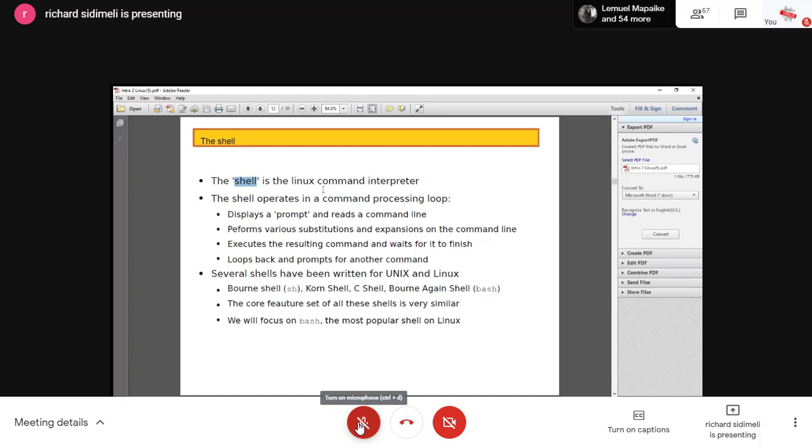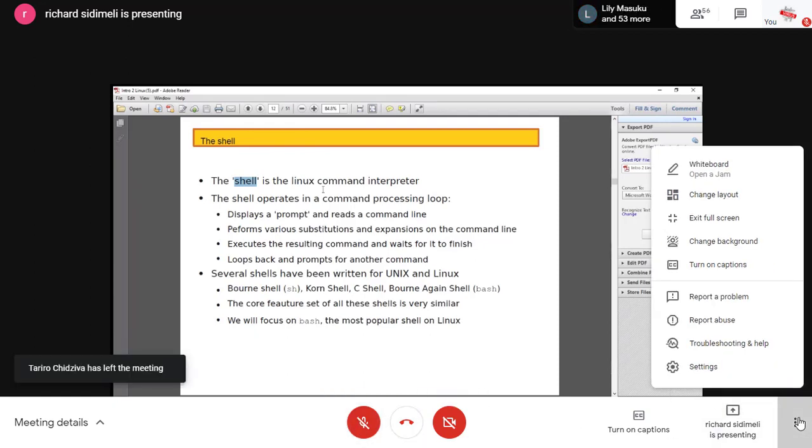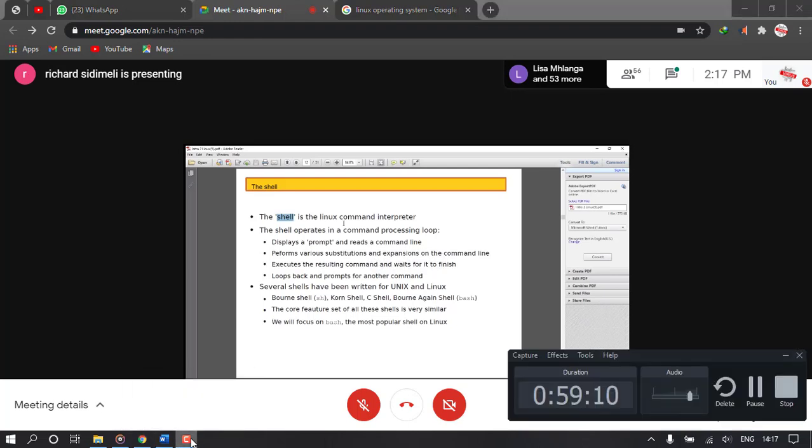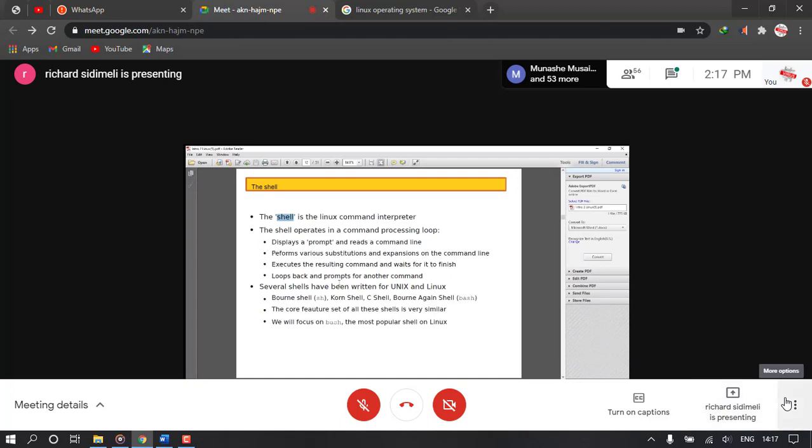Commands that we need to interpret into exact instructions for the kernel. So the shell is used to communicate directly with the system, and we display a prompt and read each line, each command on a line, which means we do the first command, then the next one, and so on.